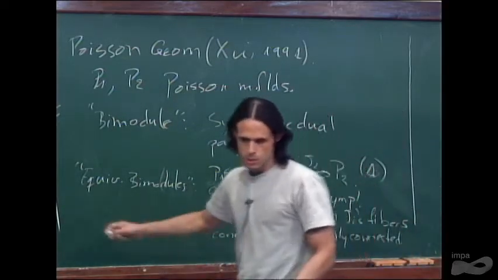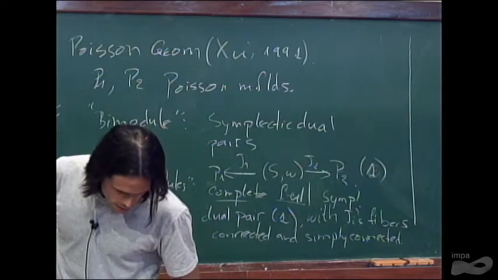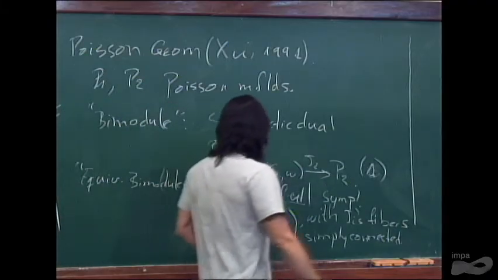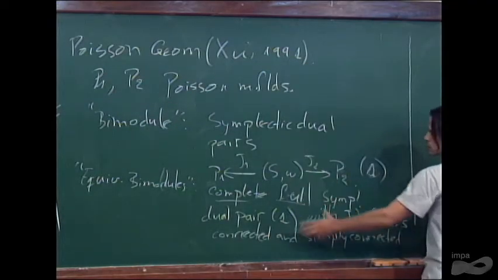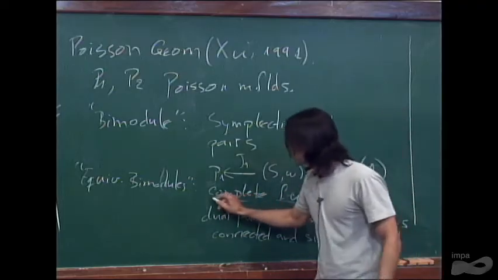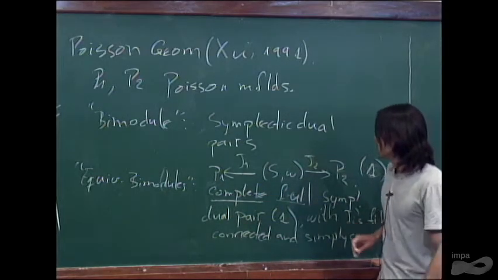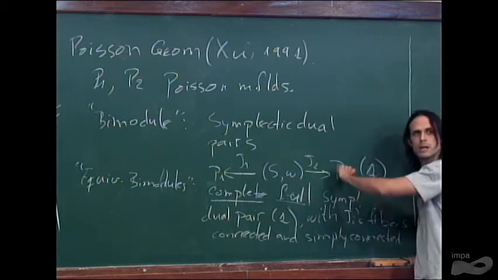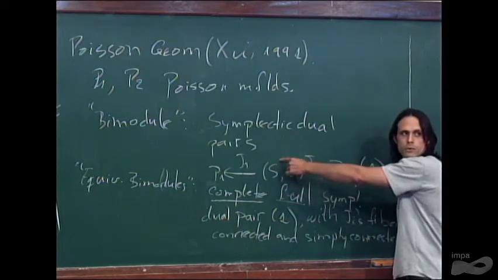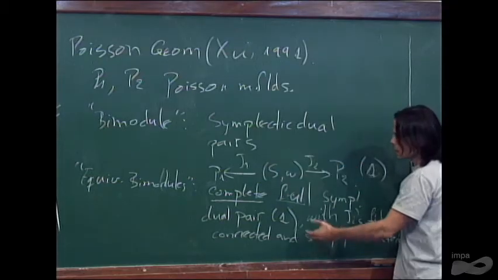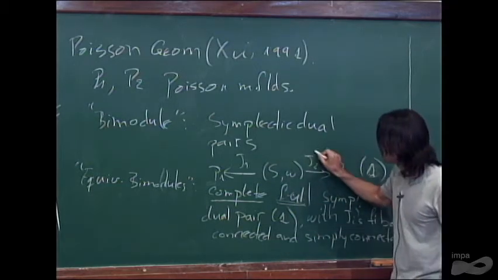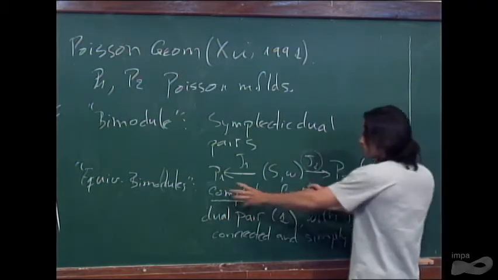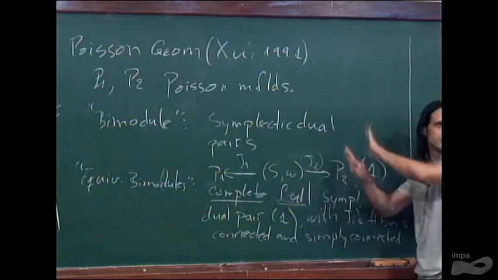Let me just mention here, complete means that if you have a function whose Hamiltonian is complete, then its pullback is a function with complete Hamiltonian too. And full means that these maps are surjective submersions. Some authors actually put all this in the definition of dual pair already to simplify their lives.